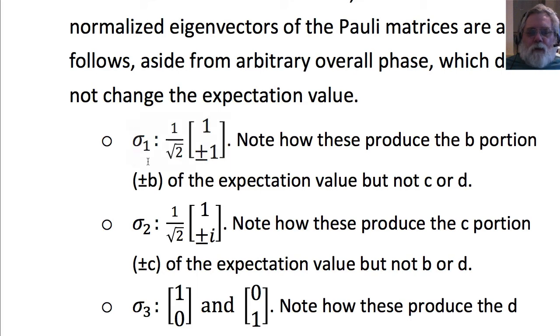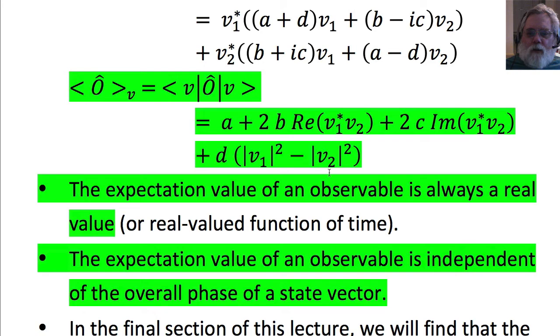Pauli matrix sigma 1 has eigenvectors 1 over square root of 2 times 1 in the first component and either plus or minus 1 in the second component, for the two eigenvalues, the plus and minus eigenvalues. Now, in this case, the magnitude of both components is the same, which means the D portion is going to go away, and they're both real, so the C portion is going to go away.